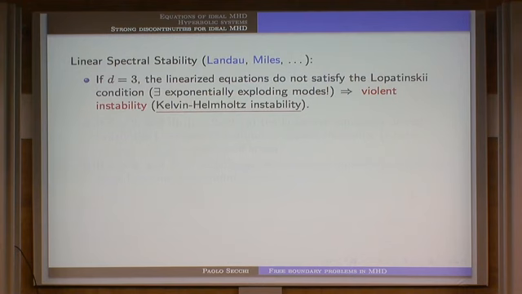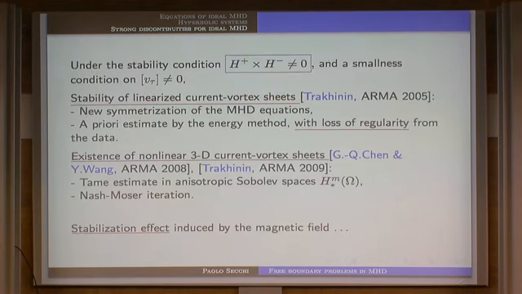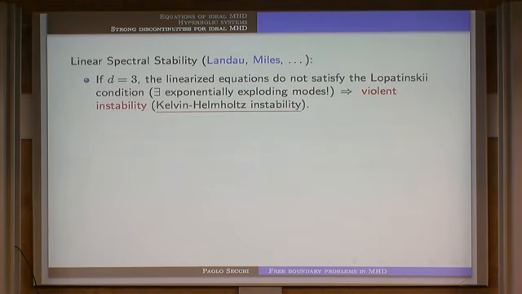So you see the effect of the magnetic field: they have proved the existence of solutions, and the stability for linearized and nonlinear problems, for the problem containing the magnetic field under these stability conditions, where H is necessary to get the well-posedness. If H is 0, you get in the 3D case the instability. Always, it is always unstable.